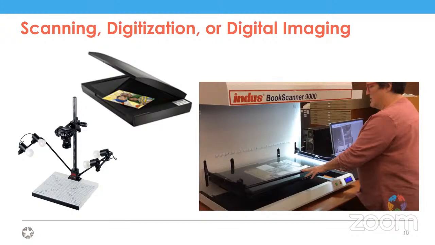Your normal little scanner like you would have at home, or a photocopy machine, is a flatbed scanner. Here at the Plano Public Library and in the Genealogy Center, we have the book scanner. That is a planetary scanner. The sensor is above the object, and you can see we're scanning a book that is underneath a piece of glass, facing up.